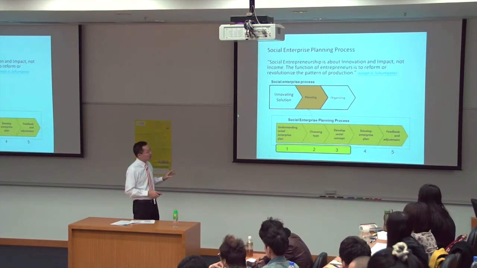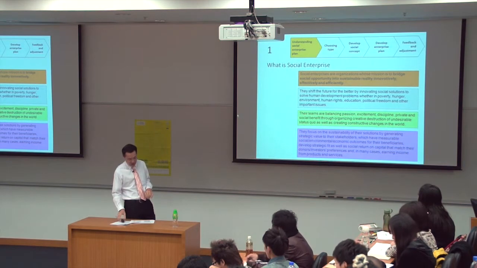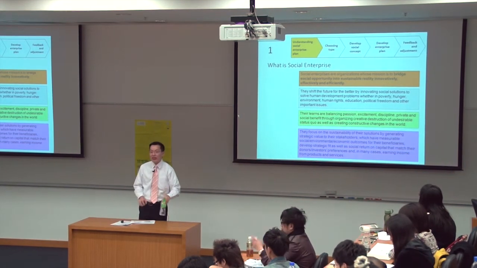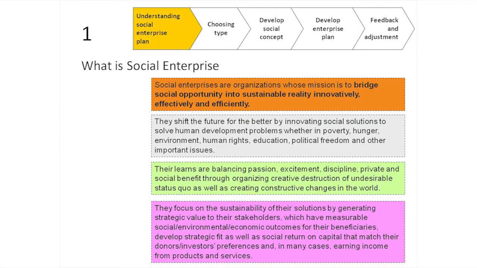Okay, so let's go into the next session, which is planning. In the planning stage, we want to focus on how to make up the social concept, the social impact. So here, we address the social enterprise again. Some of the examples here are the same as I mentioned in the beginning of the class.